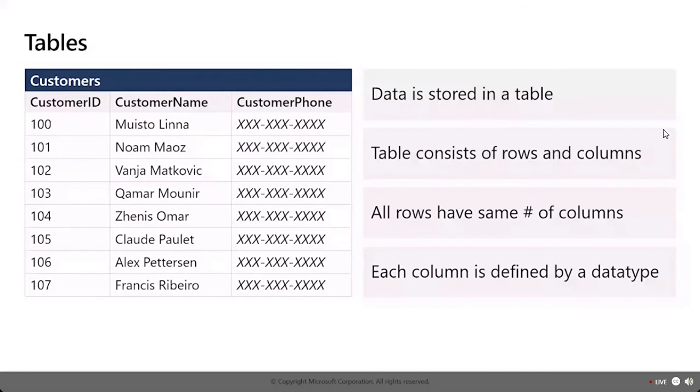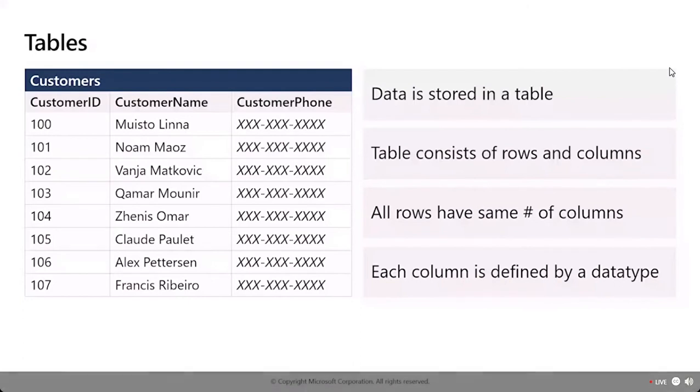Now, a table contains rows, and each of these rows represents a single instance of an entity. So what that means is each row in this customer table contains data for a single customer. And each row in the products table will define a single product, and each row in the orders table will represent an order made by that customer.